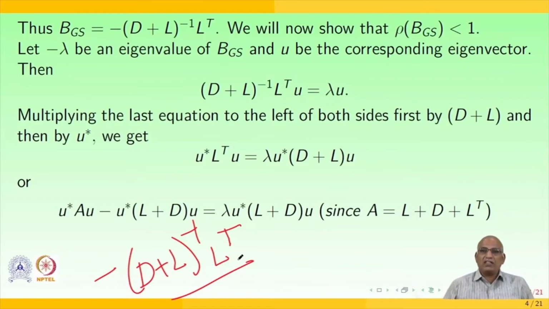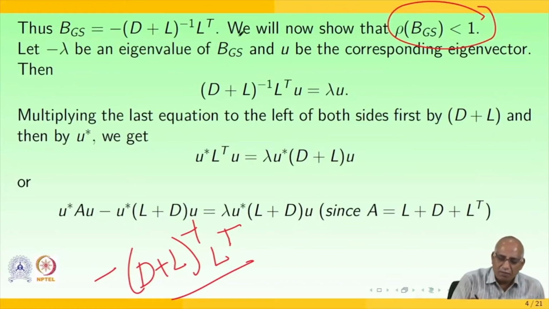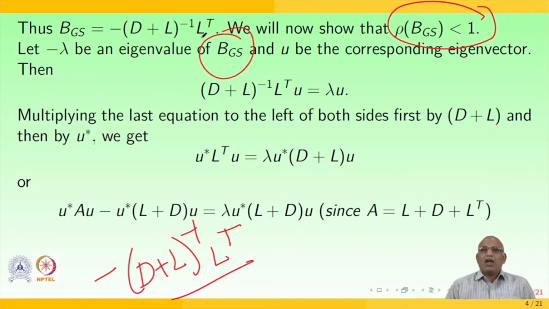We will now show that the rho of BGS is less than 1. Let lambda be an eigenvalue of BGS and U be the corresponding eigenvector.